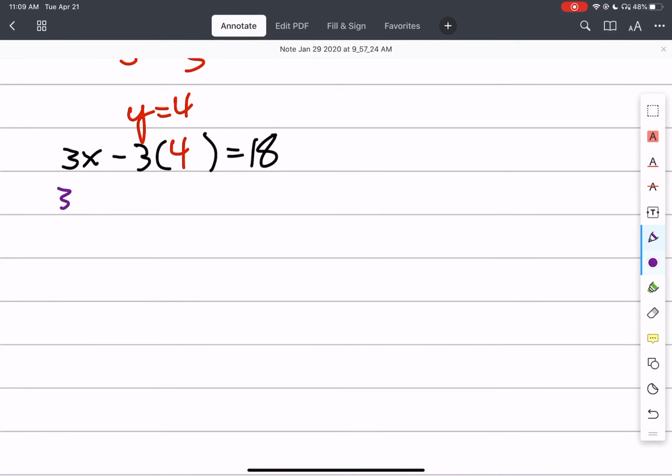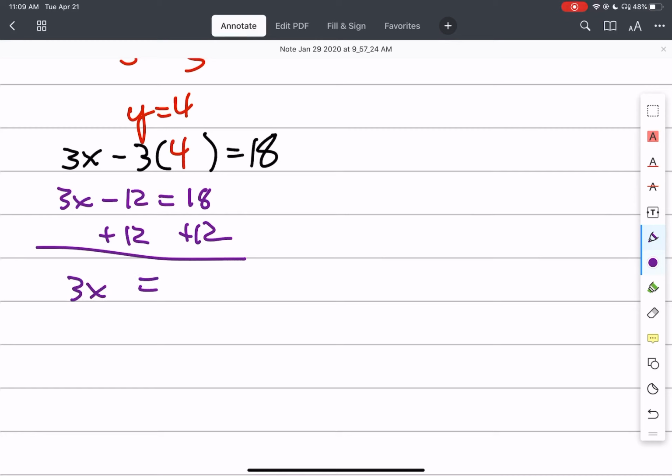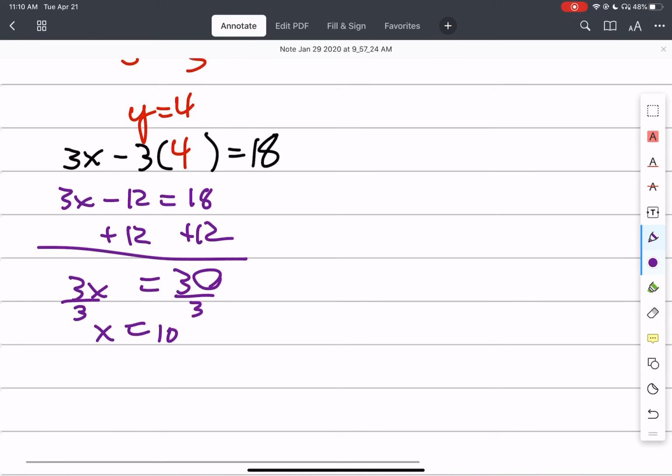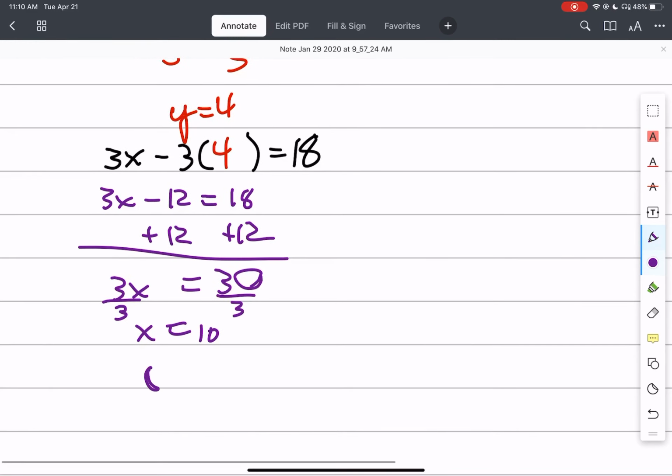So 3x minus 12 equals 18, so I can add 12 to both sides. 3x equals 18, 19, 20, 30. So x equals, if I divide both sides by 3, 10. So my answer, x is 10 and y is 4.